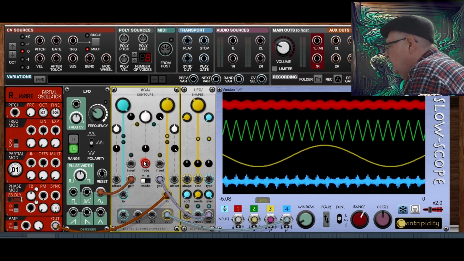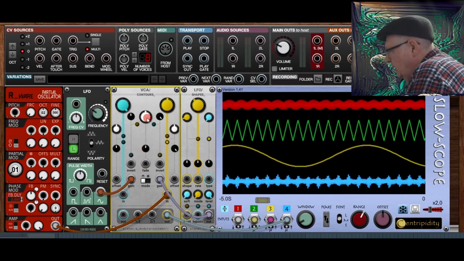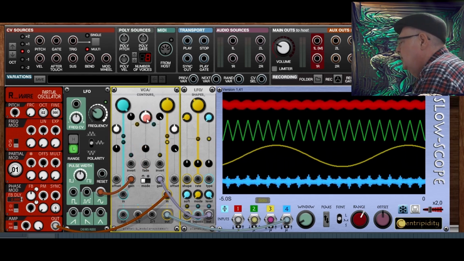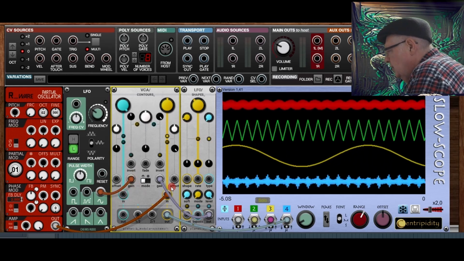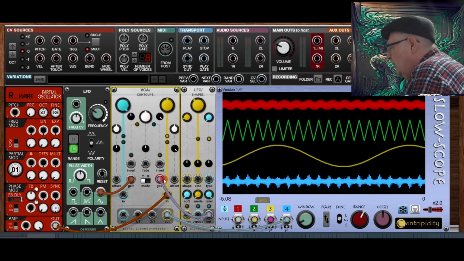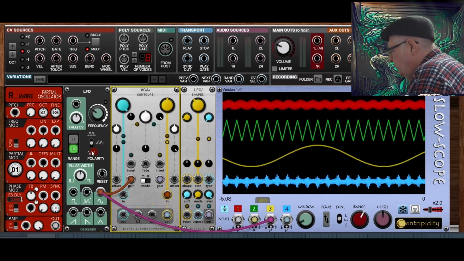So what about the fade knob now? Let's look at the fade modulation, the attenuator, or the manual fade knob. When it's at 12 o'clock position, each CV modulates only its own unit.